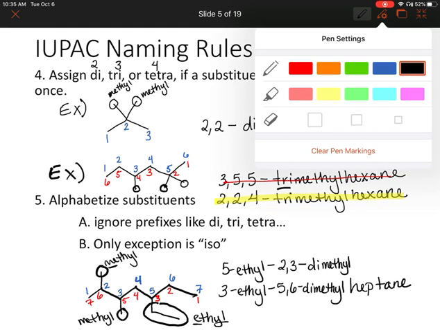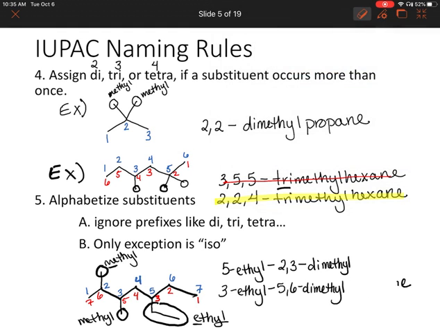Let me actually move this heptane. I'm going to put it more in the middle here. Okay, so we could either have the top option, the blue numbering scheme, or the bottom option, the red numbering scheme. Which one gives us the smallest numbers?